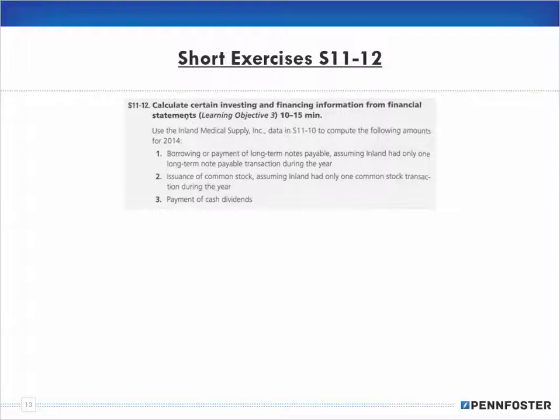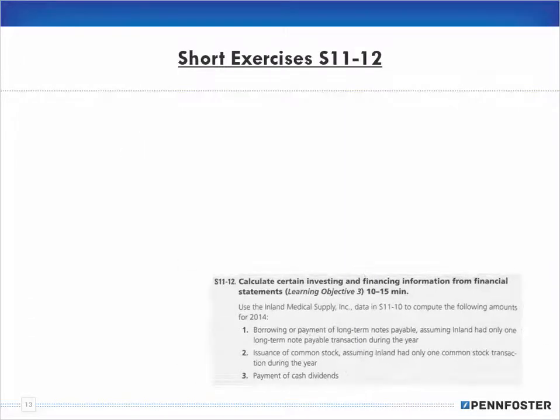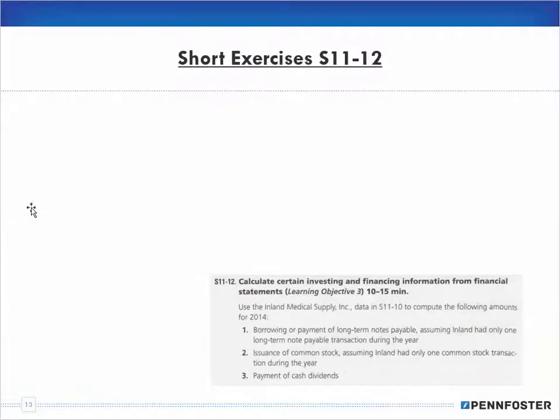All right. Calculate certain investing and financing information. Use the information from the data in 11-10. Let me grab that since I did not do that. On the slide here, let me do some quick copy and paste.